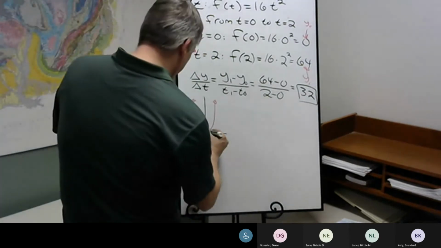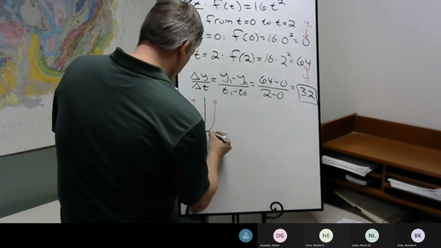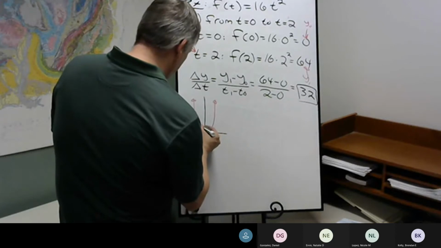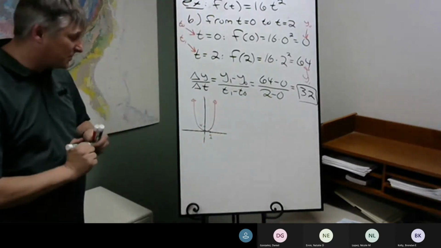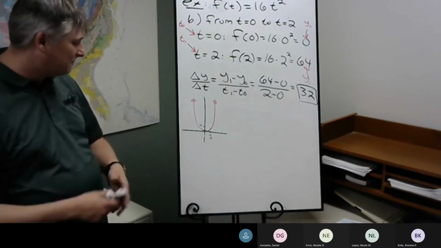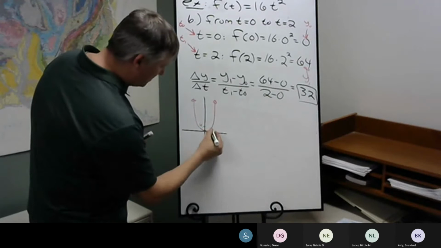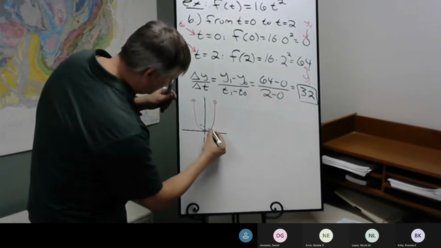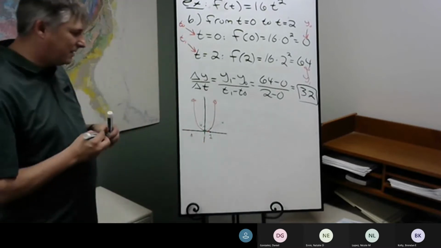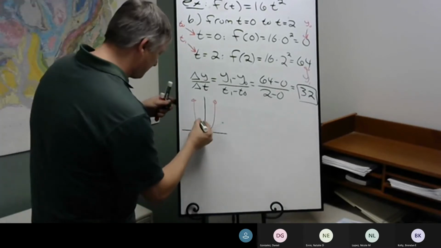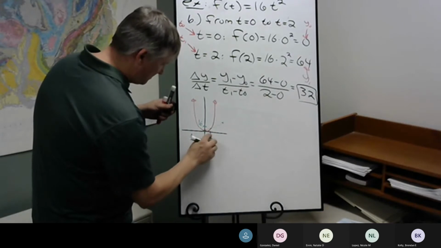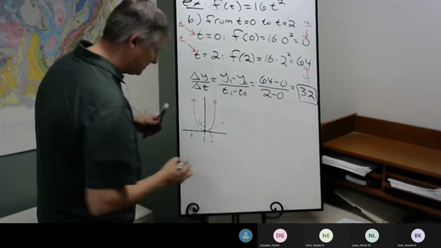So let's say this is 0, and that's 1, and that's going to be 16. It's kind of hard to see, I'm sorry. So this is 1, and that's 16 on the y-axis. So we're finding the slope between these 2 points. We're going to get a line like this. Let's see if I can make this a little bigger. This is the 16. That's 1.